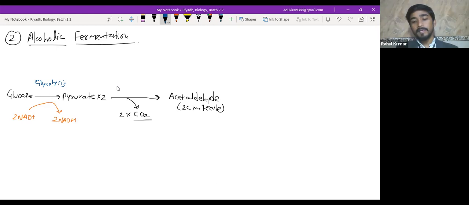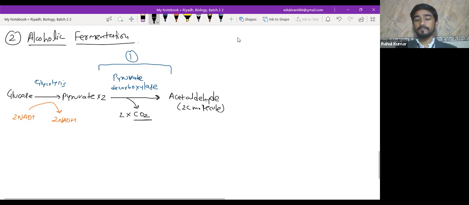Perfect. The full name is pyruvate decarboxylase. There it was lactate dehydrogenase. Remember, here it's pyruvate decarboxylase. This is the enzyme. So through this enzyme, first we convert pyruvate into acetaldehyde, and this is the first step.